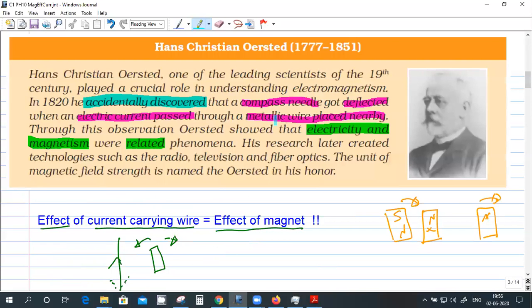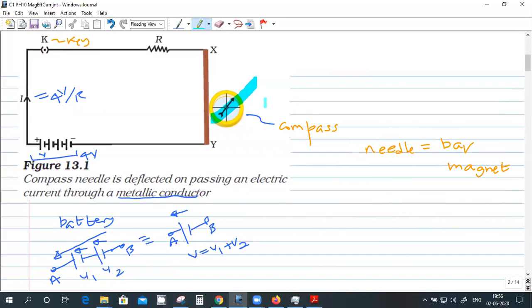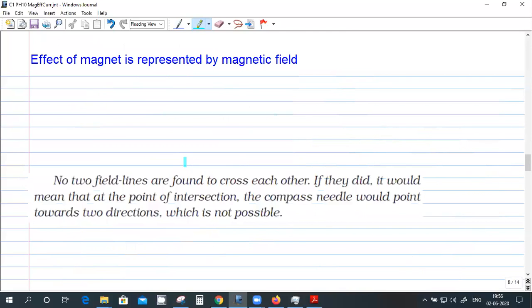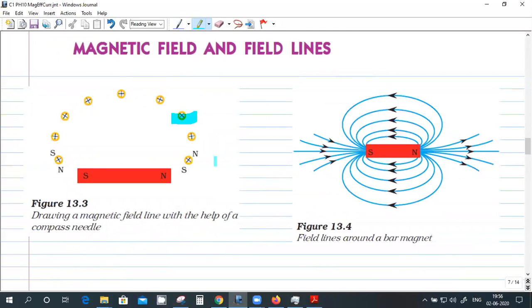These two verticals are the reference lines, and then there is a needle deflection. So the compass needle will deflect because of the magnet here, and the direction of the deflection will be different.